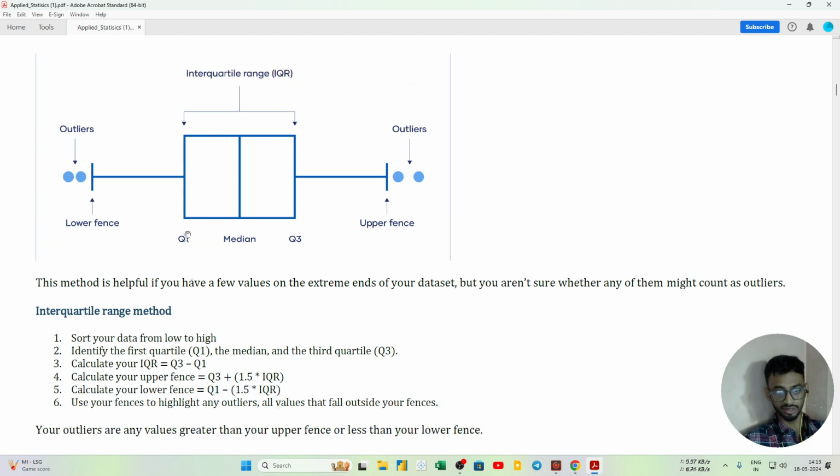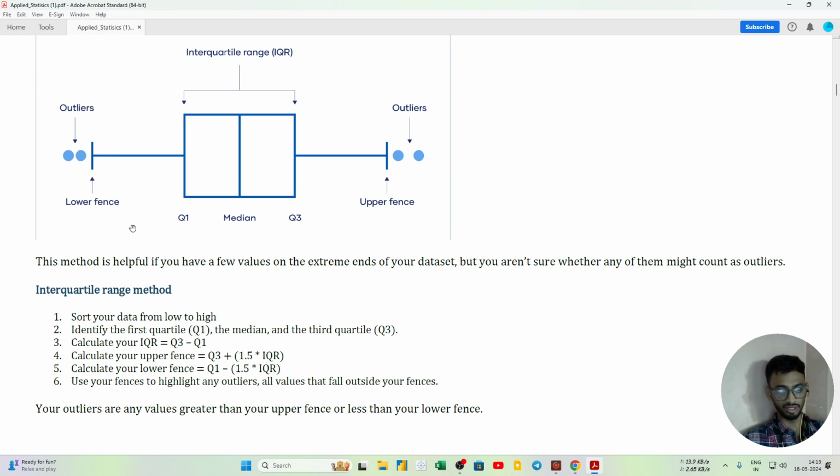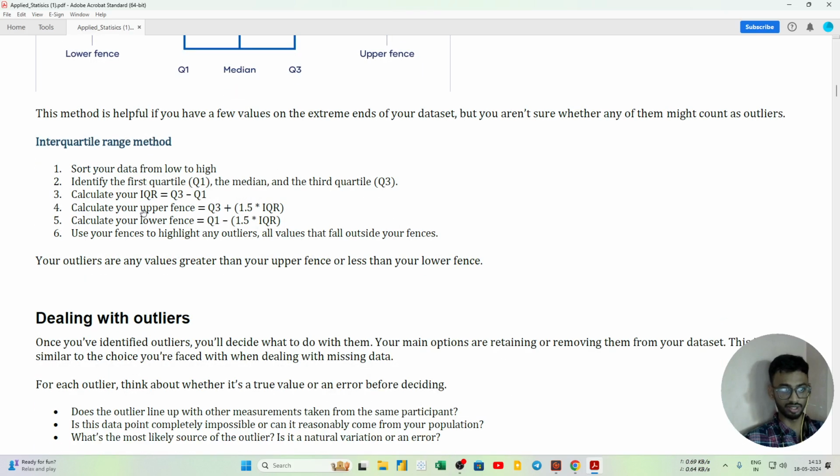The first quartile, Q1, is the 25th percentile, this is the 50th percentile, called the median, and Q3 is the 75th percentile. This is the IQR range, and this is the minimum and maximum value, like the upper fence and lower fence. Any point greater than the upper fence is treated as an outlier, and any point lower than the lower fence is also an outlier.